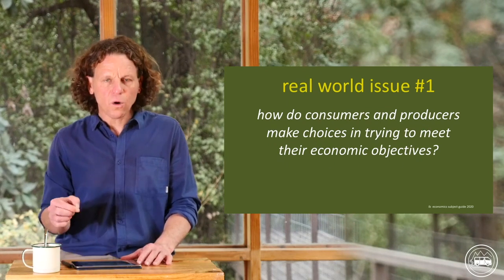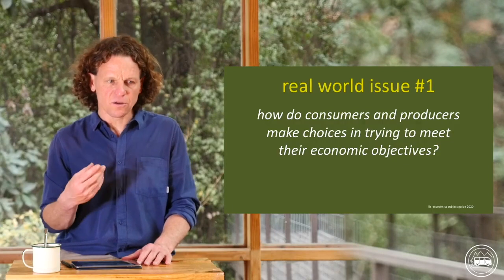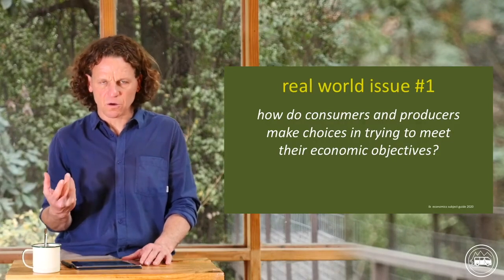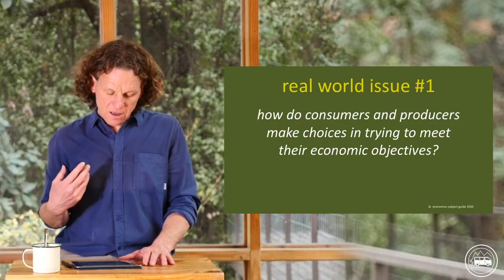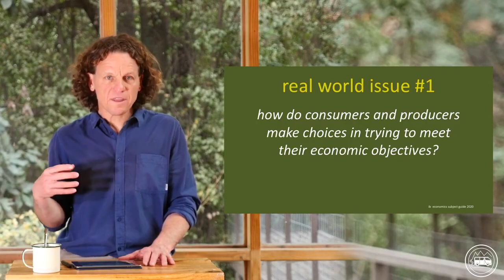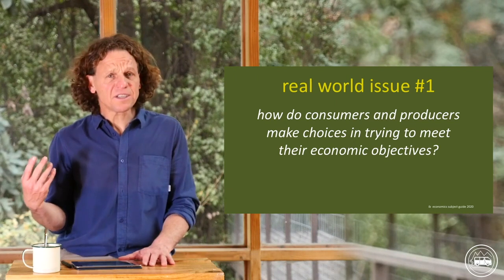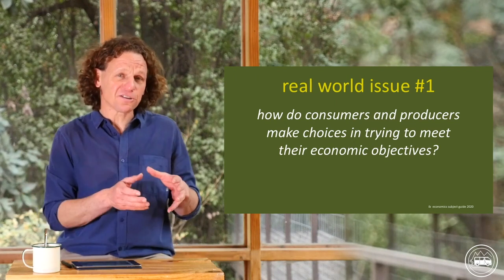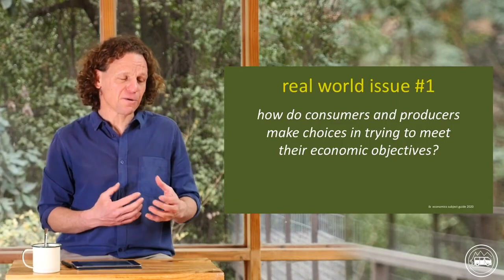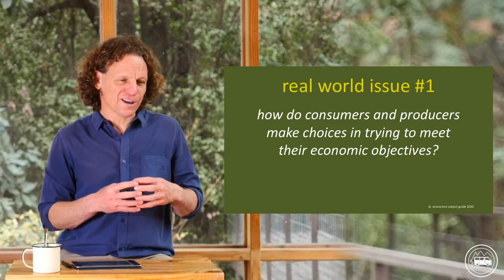In other words, what are the motivations of me and you as consumers, because that's what we do mostly, and then what are the motivations of producers when they make something? We're going to see that the classical economists thought of our motivations as coming from our intrinsic self-interest as consumers.